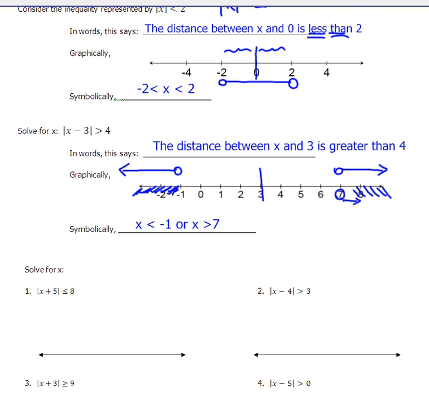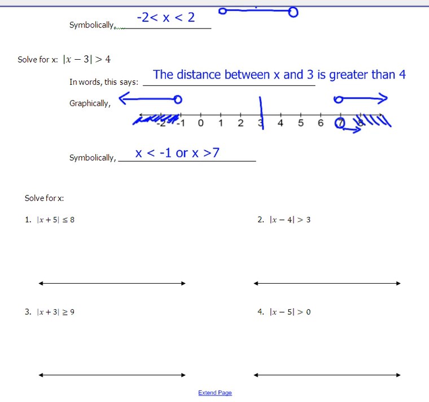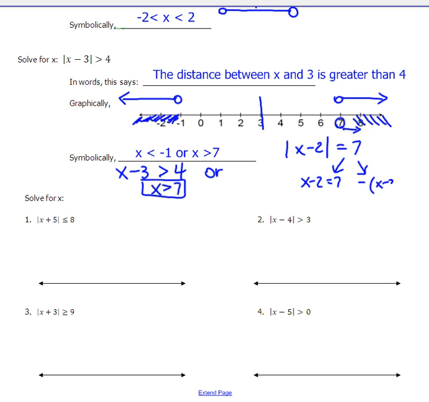So I think you have a little thing on your page that says either, and what that means is either x minus 3 is greater than 4, in which case you get x is greater than 7, which we have, or, now remember when I talked about this initially and we had the absolute value of x minus 2 equals 7, I said you're going to break that out into 2 cases: x minus 2 equals 7, or the opposite of x minus 2 equals 7.